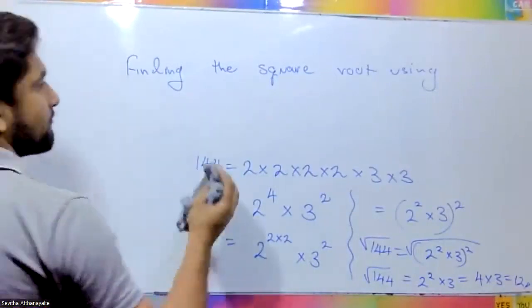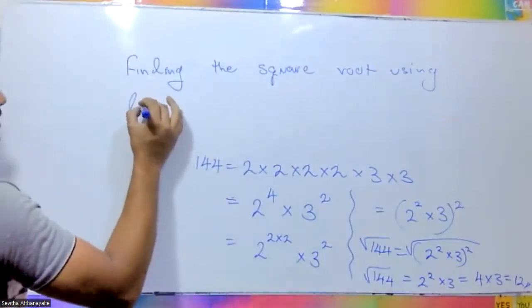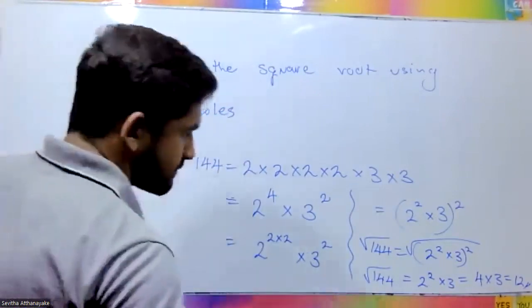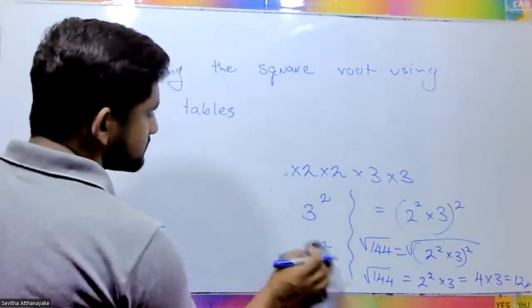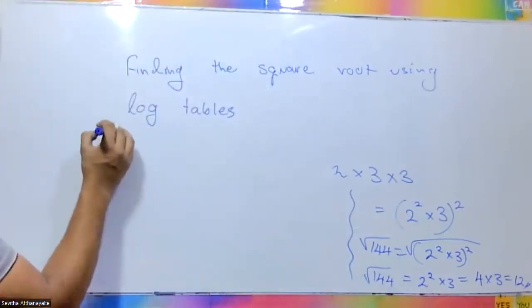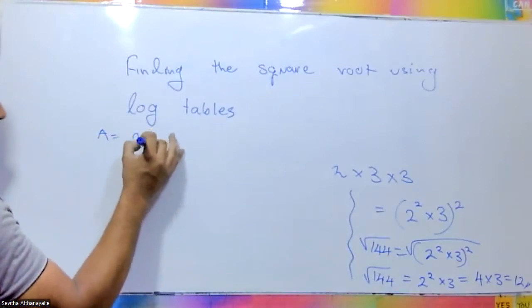Next one. Finding the square root using log tables. Let's take a equals to 25.